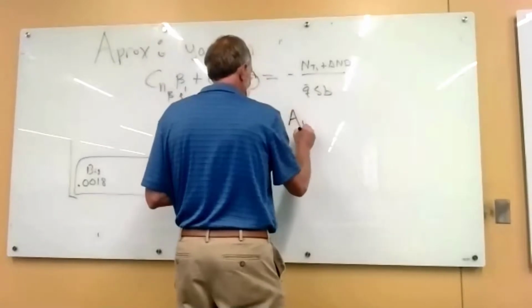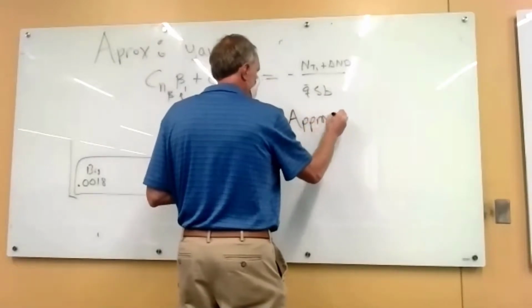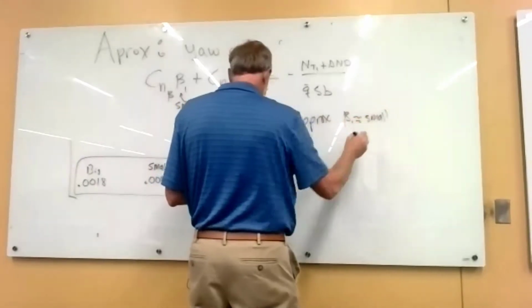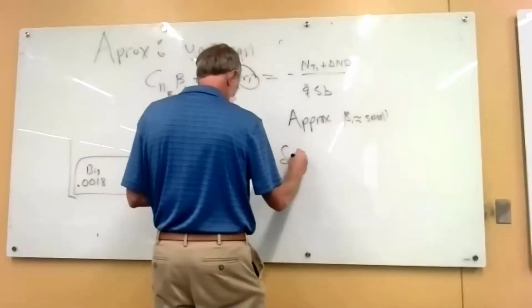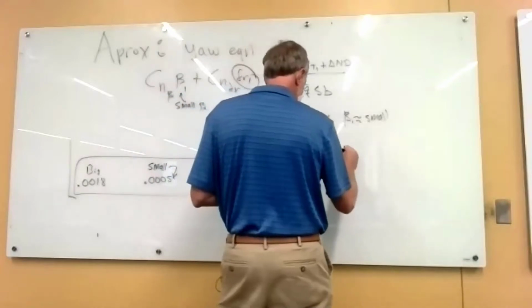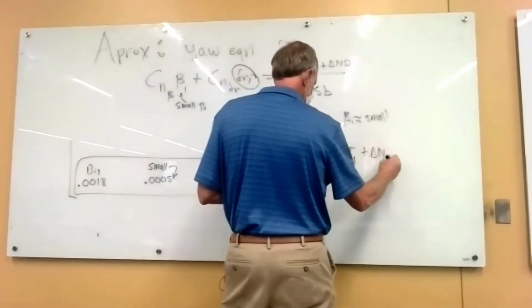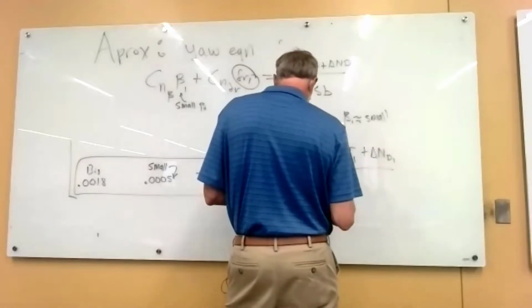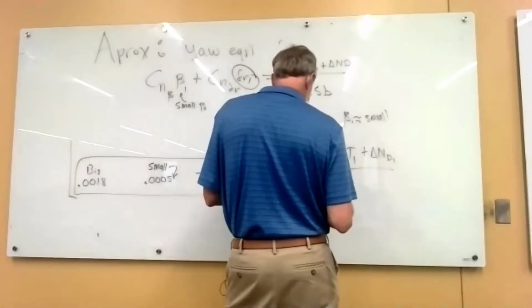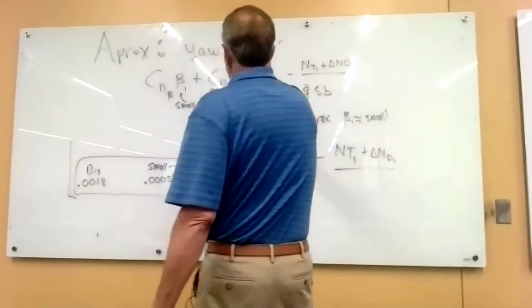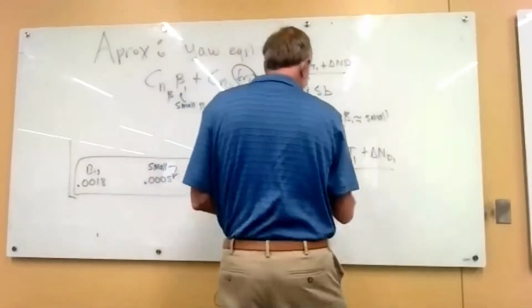So another approximation, we're going to say beta is small. And we divide by Cn delta R, where we're solving for rudder.